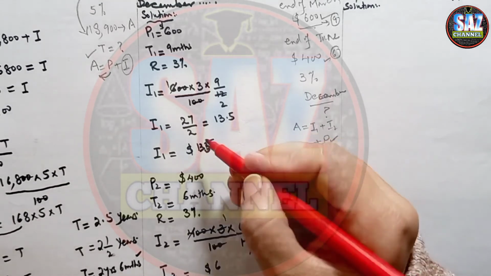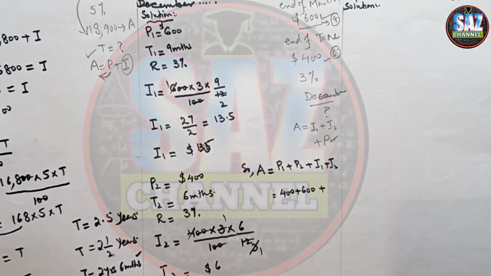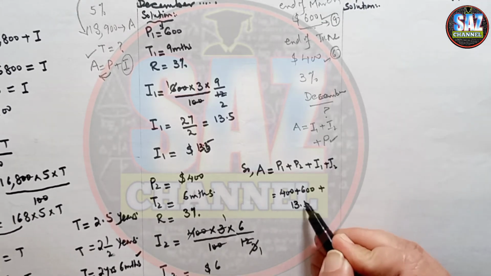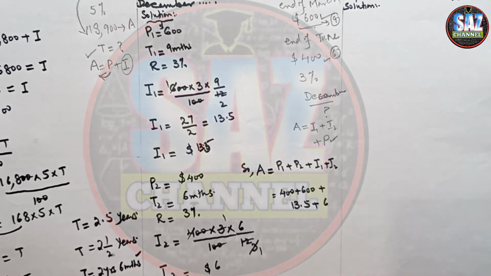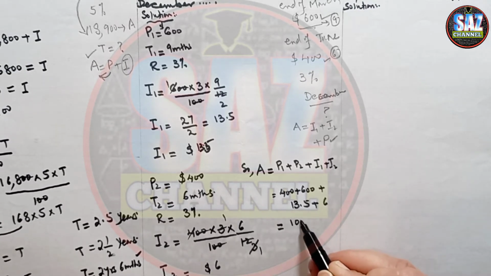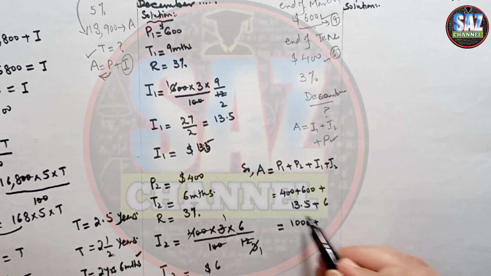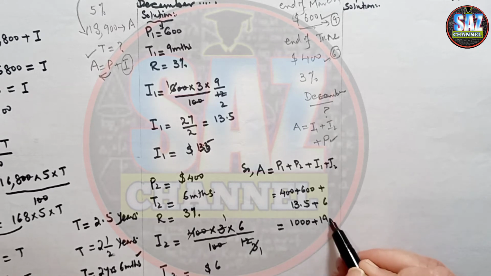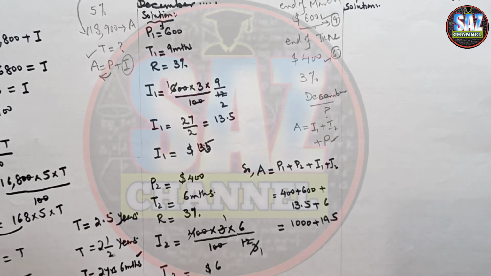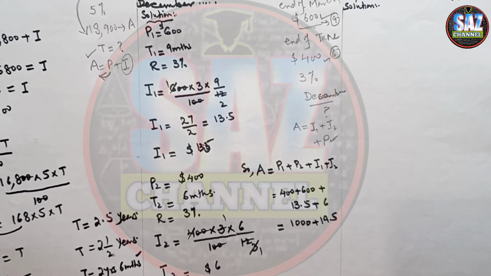Let me make it clear: 13.5 plus 6. Okay, 6 and 4 is 10. This is 1000 plus 13 plus 6 is 19.5. So it will become 1119, but let me check it, plus 19.5.